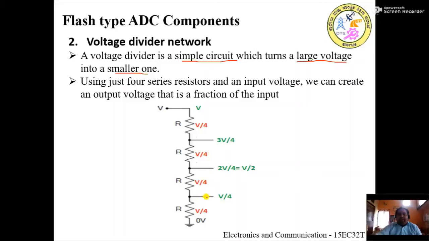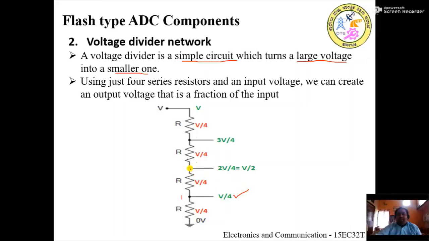Since here I have taken 3 nodes, remember always the voltage should be measured with respect to ground. So here it is the ground. Let's say this is the first node. If you measure the voltage from this node till the ground, it would be V by 4.